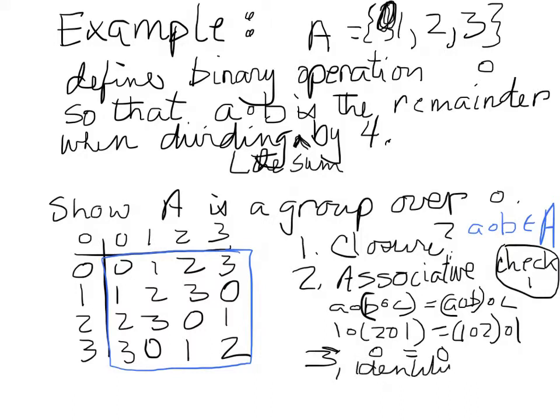In other words, if I combine A with something, do I end up with A? So if I combine 0 with 0, I end up with 0. So that's nice. Well, if I combine 1 with 0, I end up with 1. 2 with 0, I end up with 2.